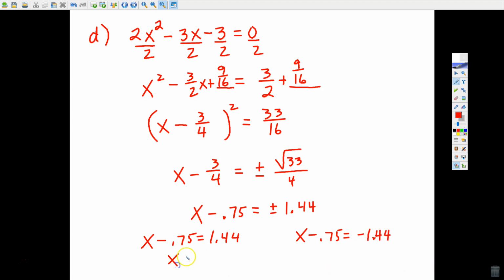So in your calculator, you're going to be adding 0.75, and you get 2.19. Over here, we're going to start with negative 1.44 and add 0.75, and that's negative 0.69.